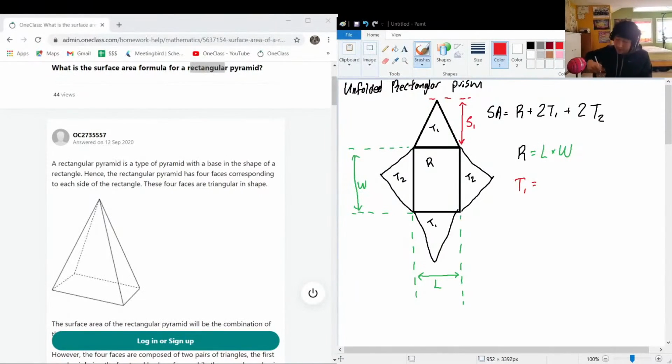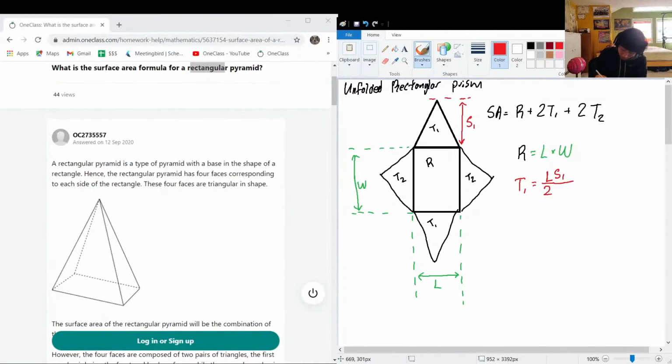The area of that triangle is the slant times the base, but the base is just L. So it's going to be 1/2 slant times base. So this is going to be 1/2 length times slant 1.